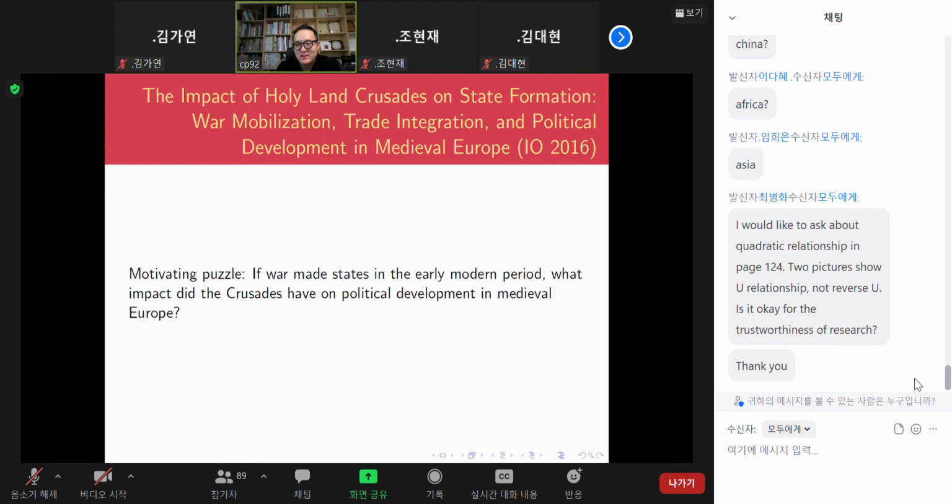Oh, by the way, I told you I'm going to talk about 3 papers. Another way to map out the procession of these different arguments is that the first paper, on the Crusades, is still going to talk about Europe. We're mainly focused on what happened in Europe during the medieval period. The second paper, on Vasco da Gama's voyage, moves the geographic scope of analysis a bit to the east.